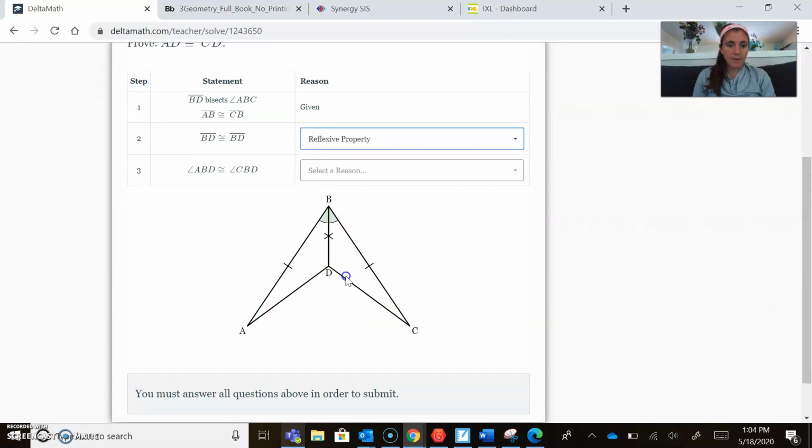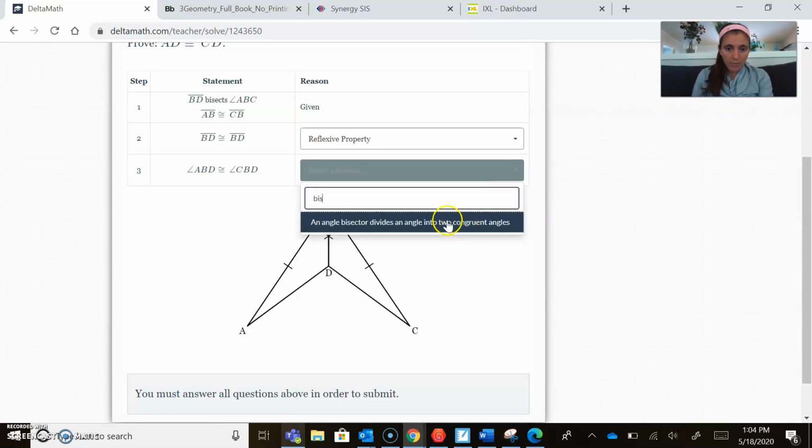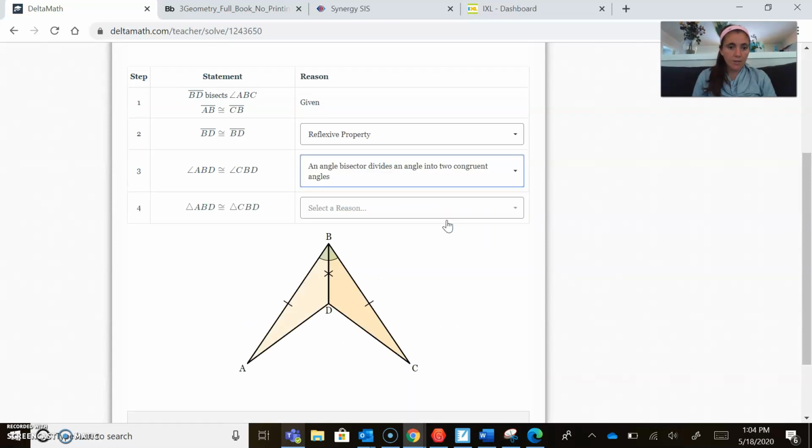ABD and CBD. Remember they told us that this angle is being cut in half. So we are looking for something about an angle bisector. An angle bisector divides an angle into two congruent angles. So then ABD would be congruent to CBD by side, angle, side.